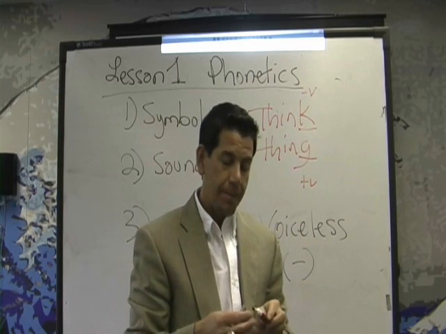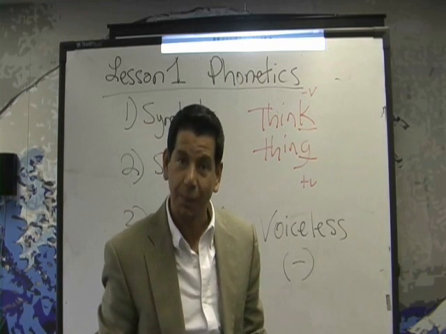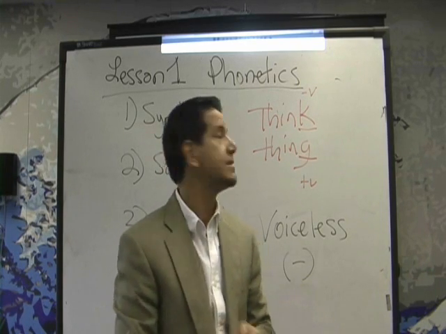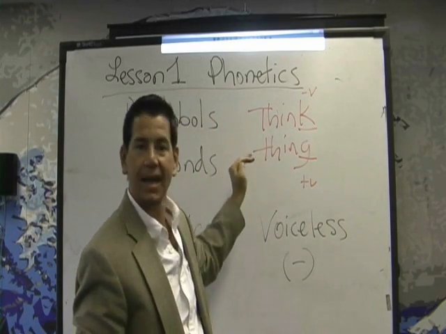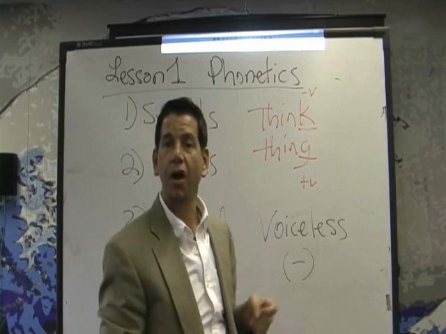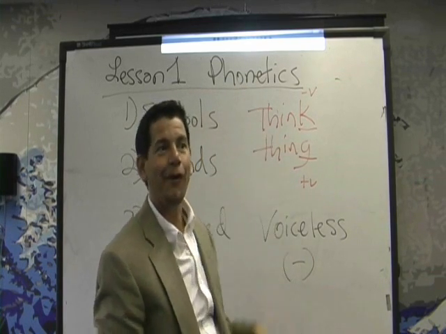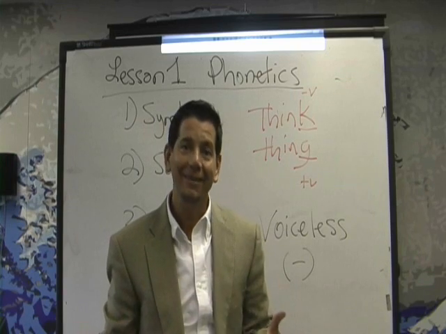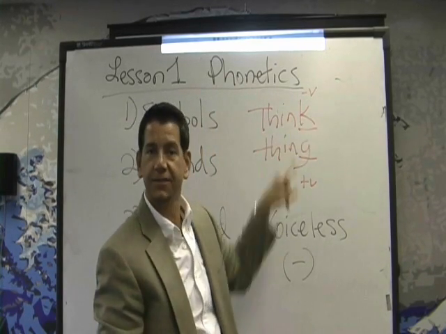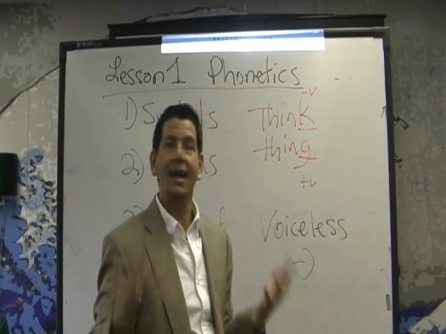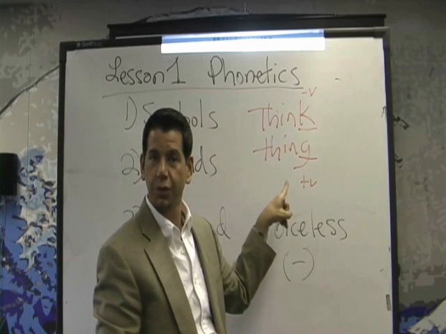All right? But the problem that a lot of students have is they don't voice properly. So when they want to say something is wrong, they may say something is wronk. Or when they want to say sing, they say sink. All right? So voicing is very important because if you misplace voice, it can change words.